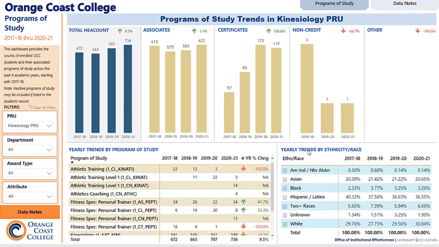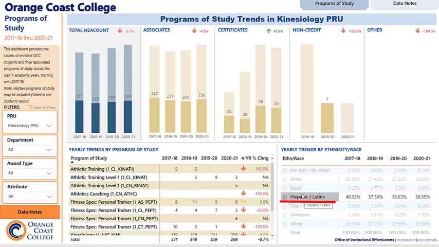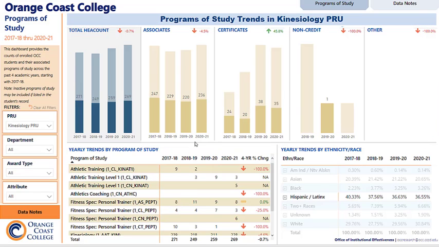It is worth noting that if you do click on a racial ethnic group such as Hispanic Latinx, we can see that the charts up here do shift with it as well. For example, when looking at associate degrees for Hispanic Latinx students, there were 247 students for the 2017-18 academic year, and then you can see the remainder of declared enrolled students for this group as well, up until 2020-2021.